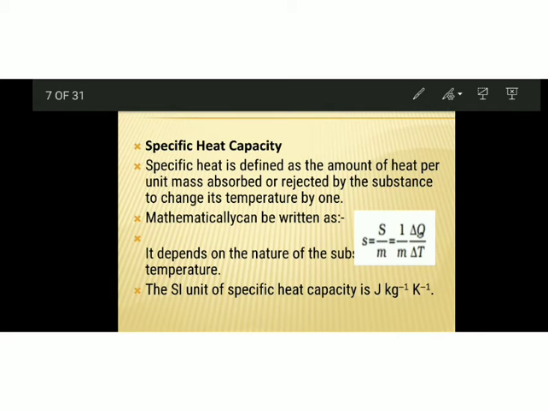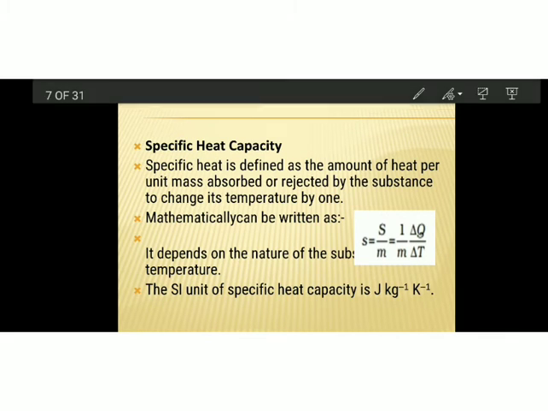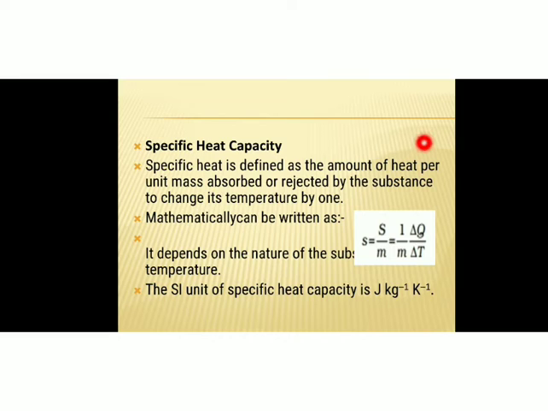Specific heat is defined as the amount of heat per unit mass absorbed or rejected by the substance to change its temperature by 1 unit. Here we are also specifying the change in temperature. The temperature change should be 1 unit, and the mass of the substance also should be expressed in unit scale.